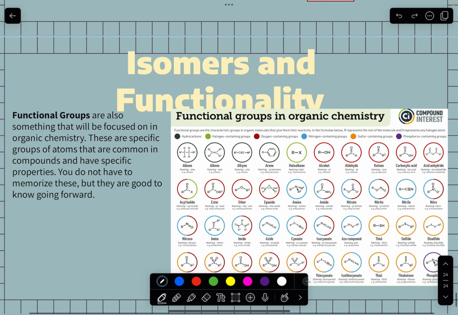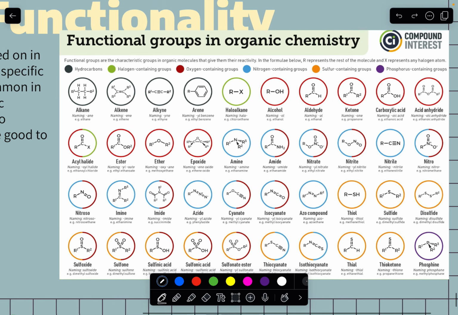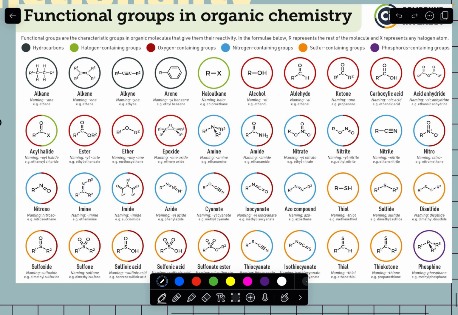And then I added this onto here. This is not something you necessarily need to memorize for AP chemistry, but these are definitely good to know. It'll help you out. If you take organic chemistry again, you will need to know all of these. But these are ways we label compounds in chemistry, right? So you've probably heard of alcohols. So things like methanol, anything that ends in -ol is an alcohol, right?